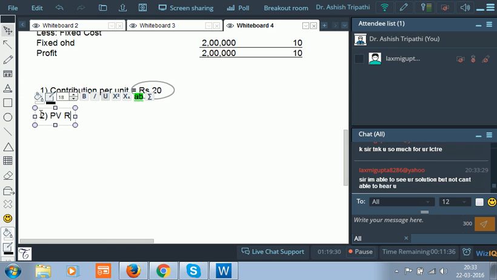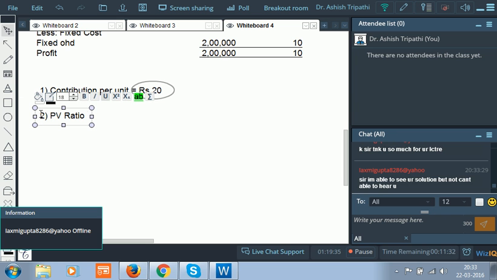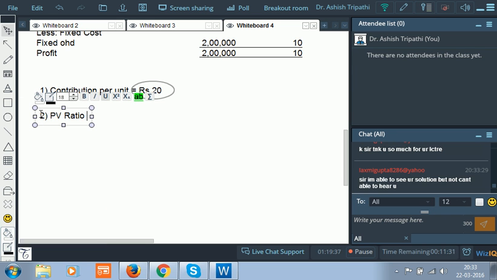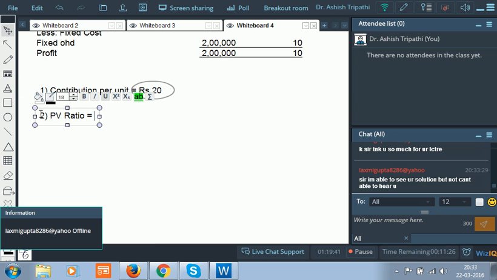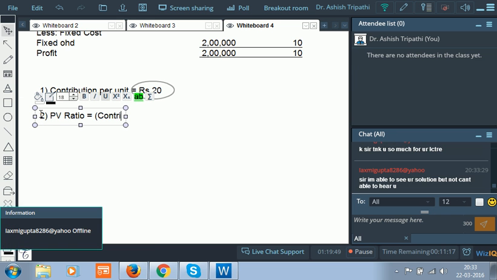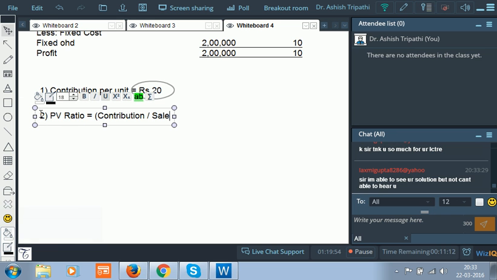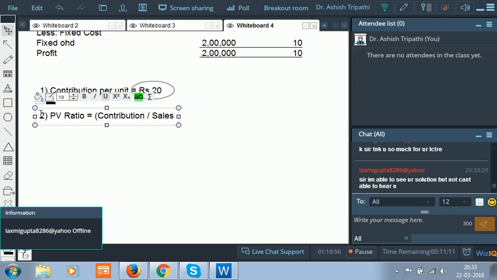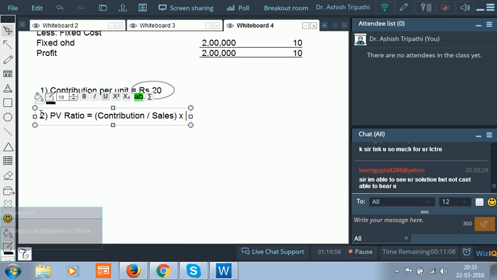PV ratio is equal to contribution upon sales into 100.